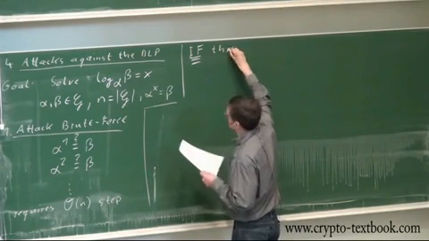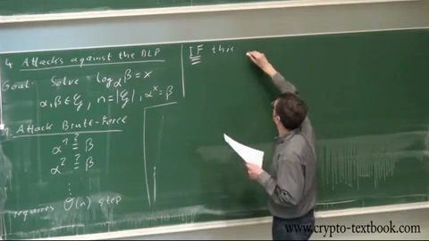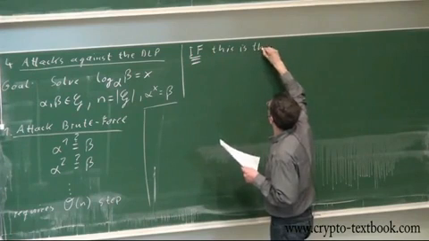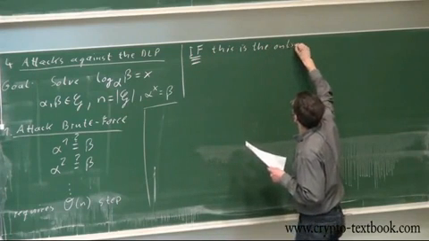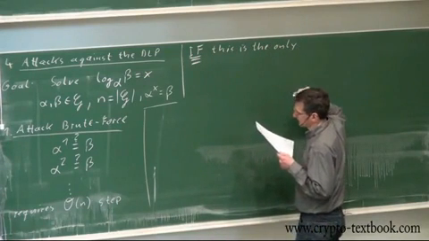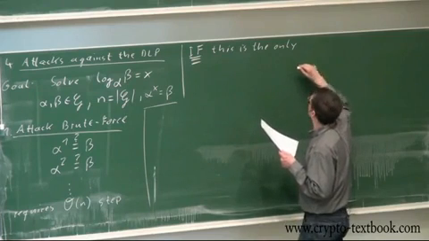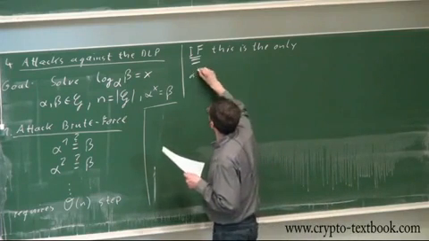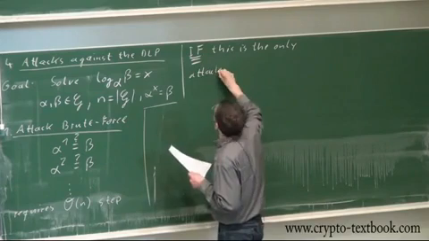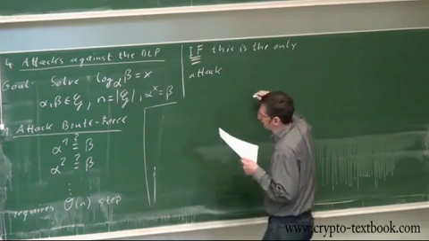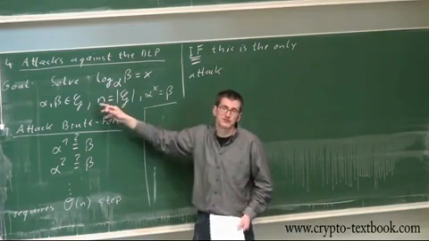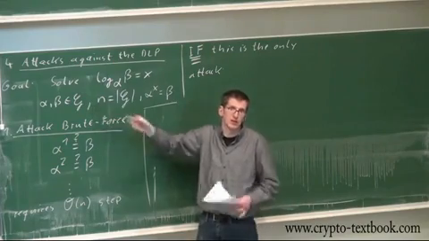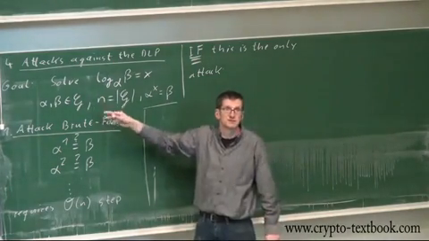if this is the only attack, if this were the only attack, how large do we have to, that's what we really want to talk about, how big is this group that we need here?